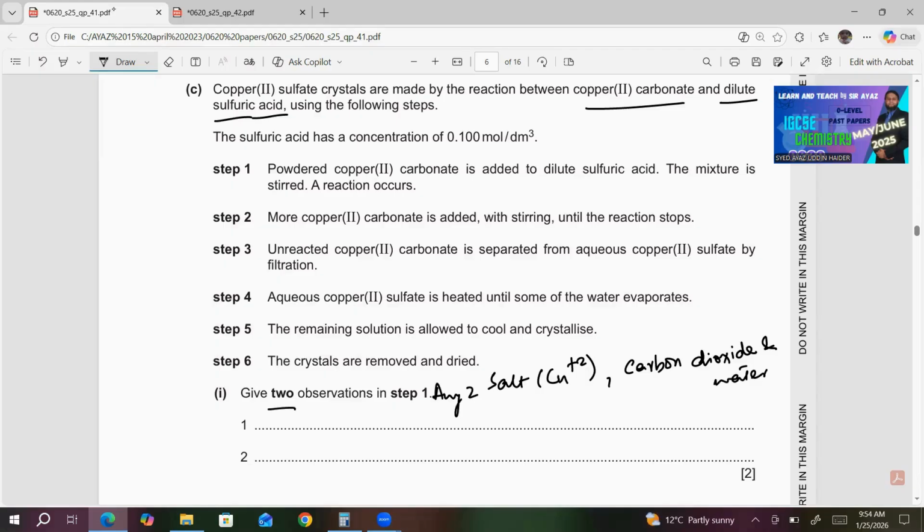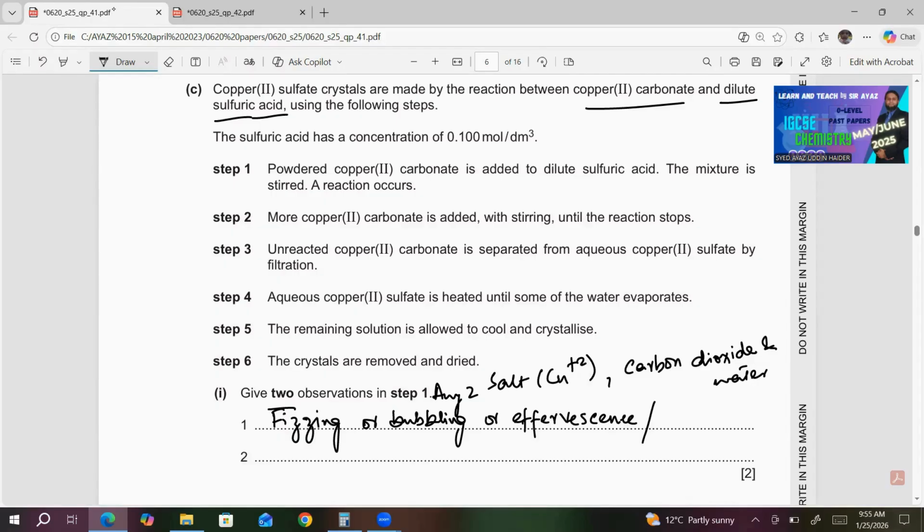If you look at this carefully, carbon dioxide is produced, which is a gas. How are we going to observe the formation of this gas? You can write fizzing, effervescence, or bubbling. What else is happening?